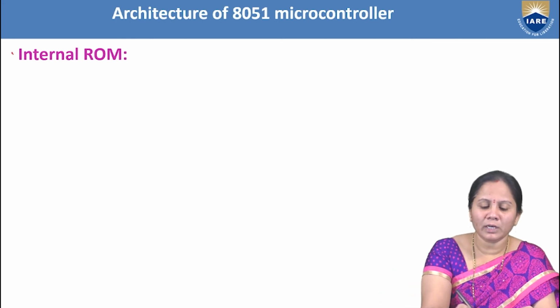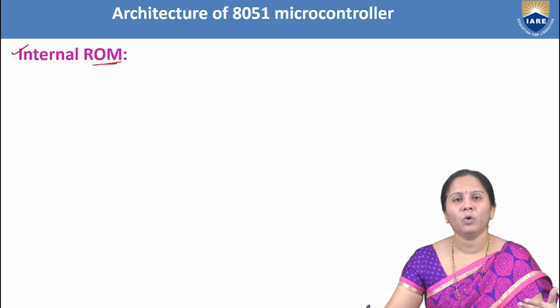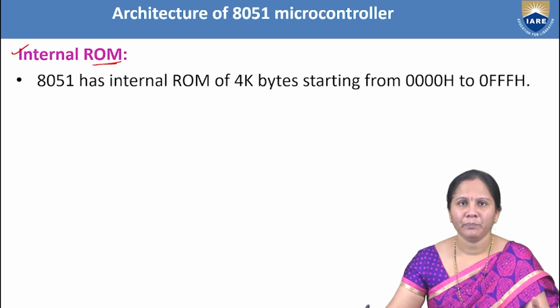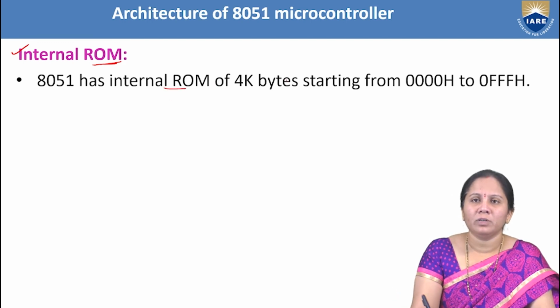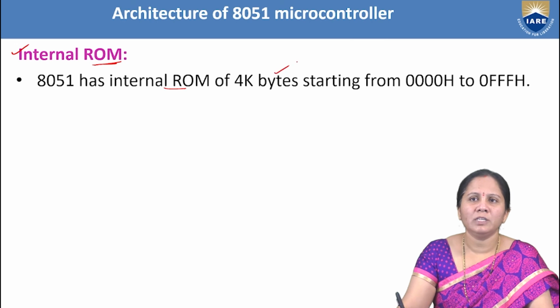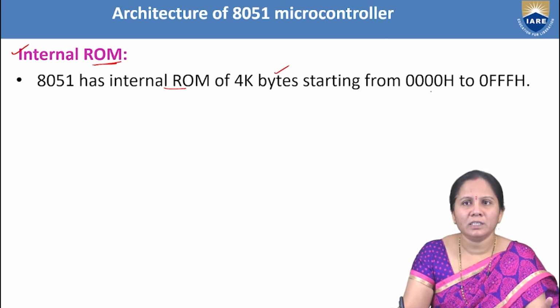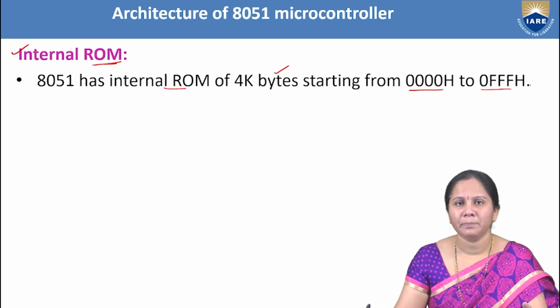Now coming to the internal ROM, that is read-only memory, we will see what internal ROM is available and how it is divided. Internally, the 8051 microcontroller has 4 kilobytes of ROM, and its address varies from 0000H to 0FFFH.